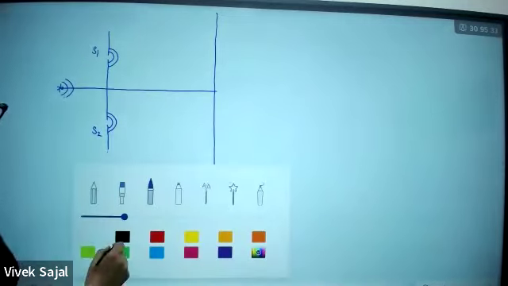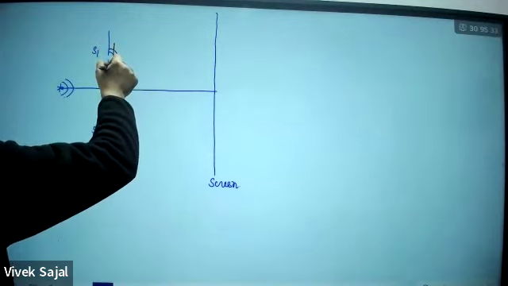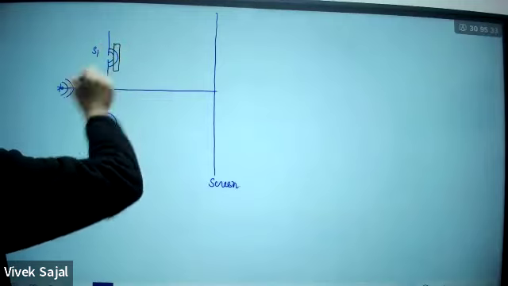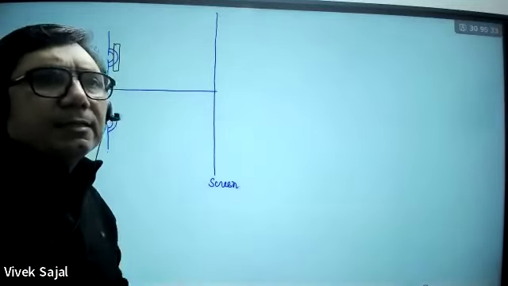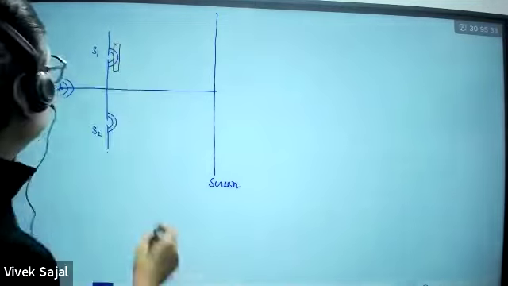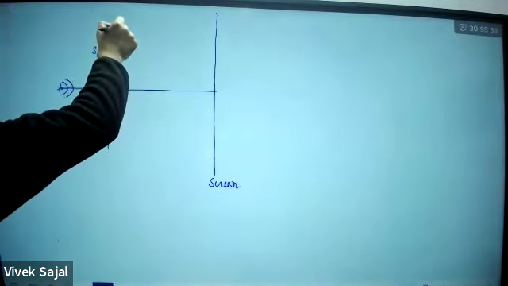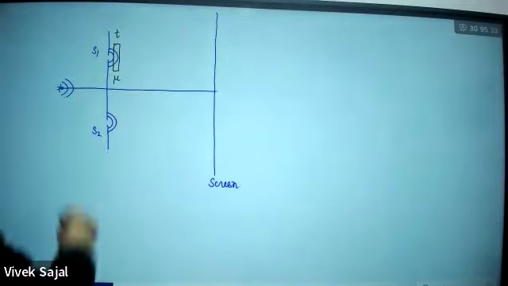So what you have done here, you have introduced a glass plate in front of the slit S1. You placed a glass plate or mica sheet in front of the slit S1. Its thickness is T, refractive index is mu.